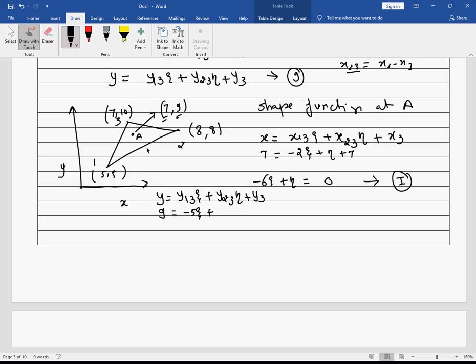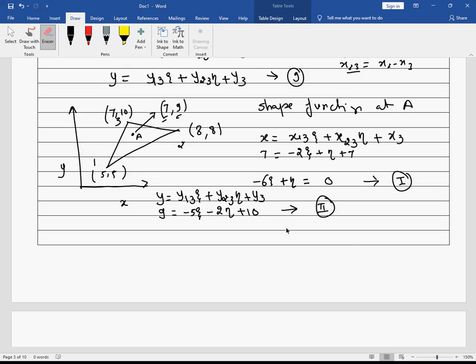Now y23. So y2 is 8, and y3 is 10. So again I get minus 2. So minus 2 eta and y3 is 10.